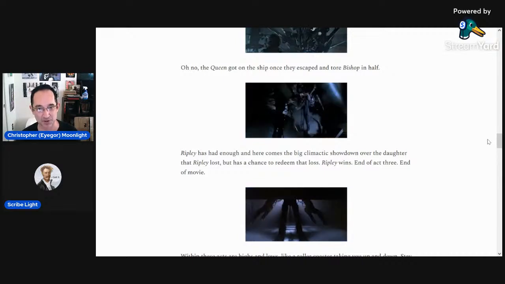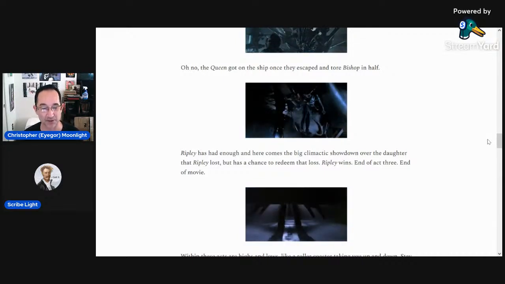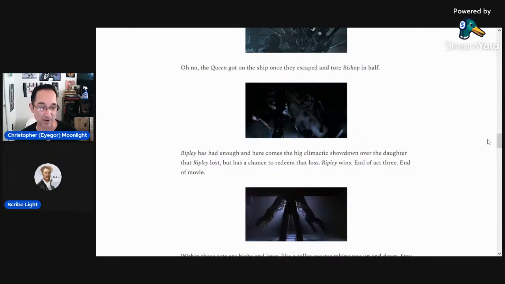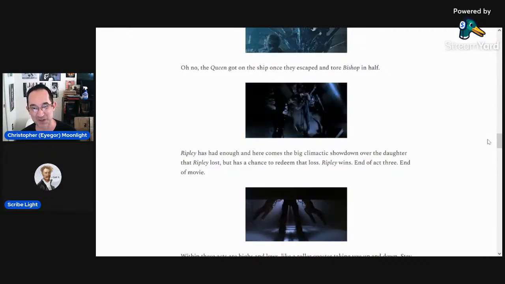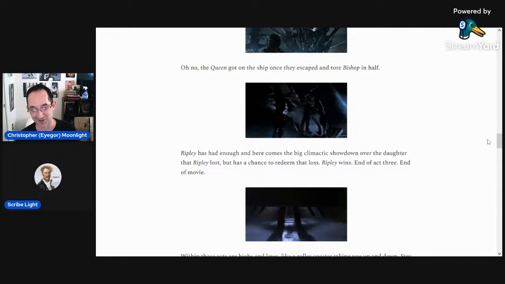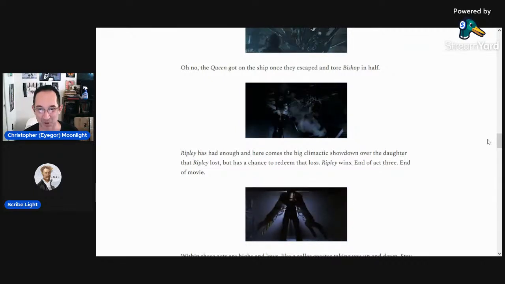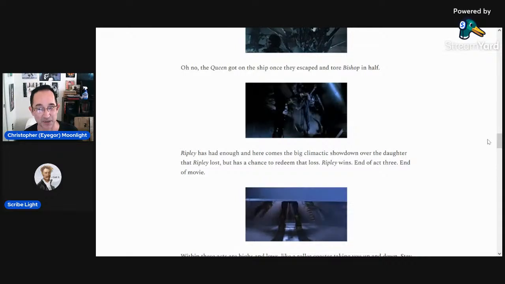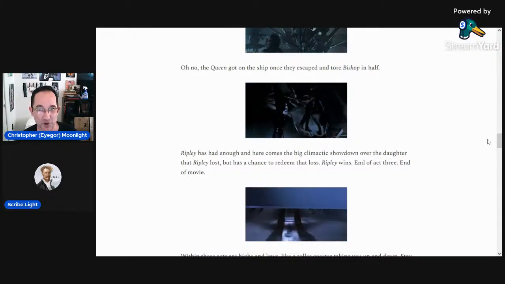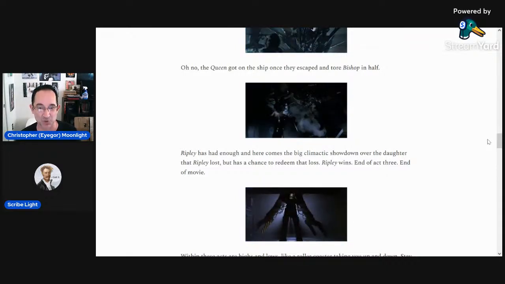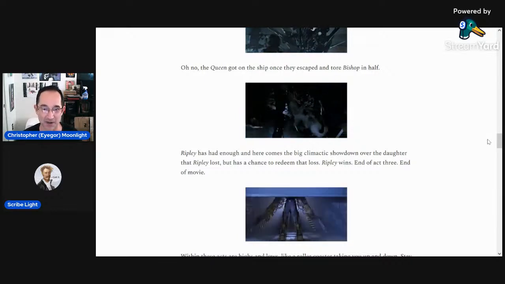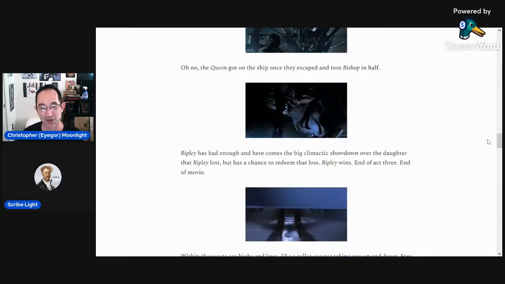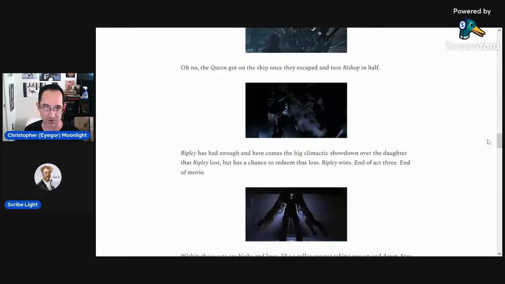By the time we get to the beginning of the third act, her arc has changed, and now her focus is Newt, where she's being told by Bishop the planet's going to blow up in 24 minutes, something like that. And her attitude is, I have to go out there. It's worth it. And I don't care if I die, it's worth taking the risk. So she's completely flipped on her attitude.